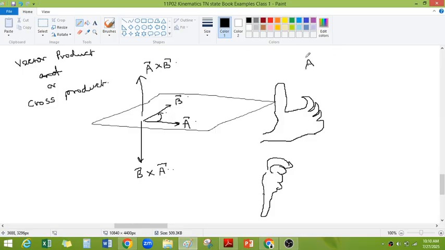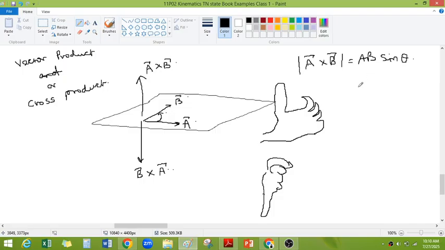So A cross B direction is given by this way, but the magnitude is given by AB sin theta. Dot product is AB cos theta, this will be AB sin theta.